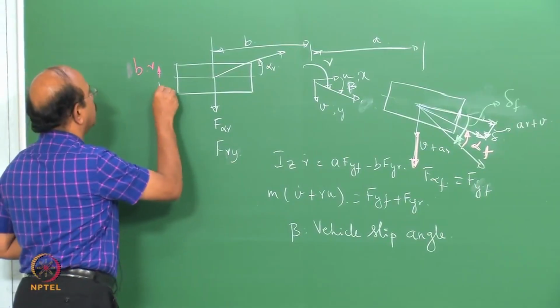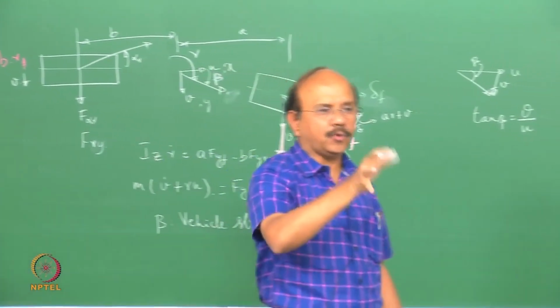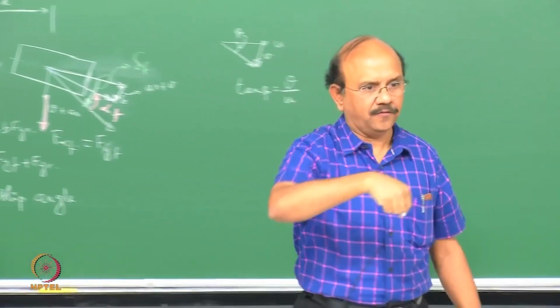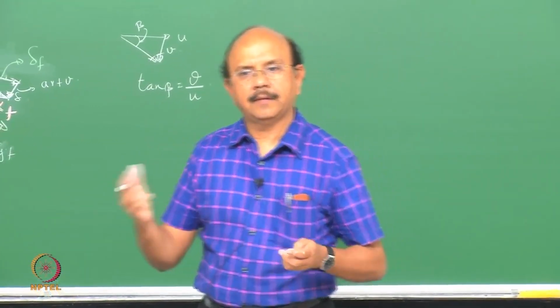So when you transfer the velocity, it becomes v and br.